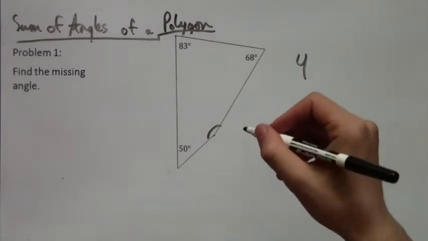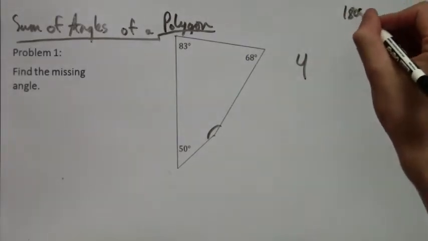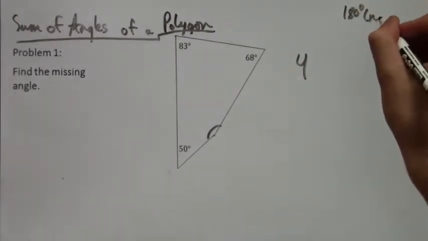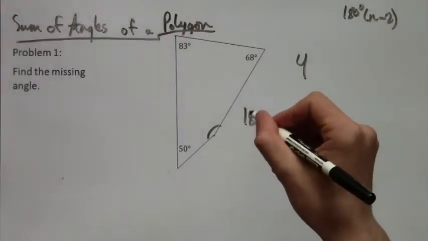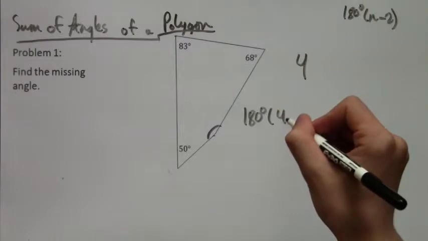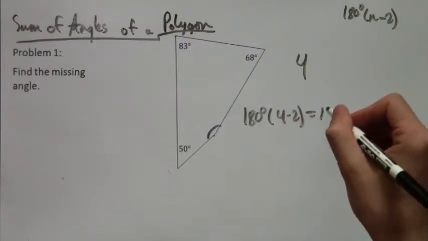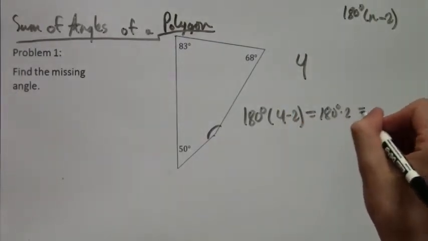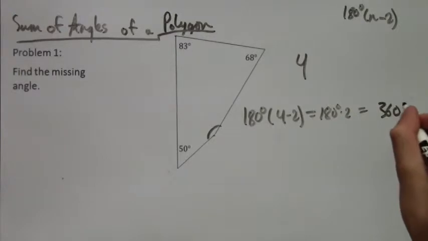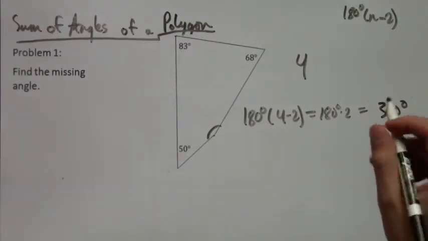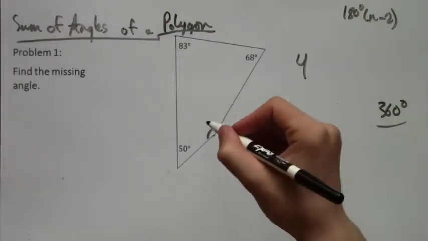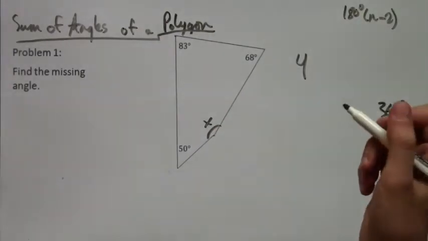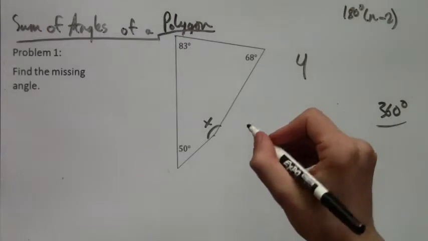The sum of the angles has got to be, and here I'm just writing the formula in the corner, 180 degrees times (n minus 2). Since n equals 4, we plug it in, and we get 180 times 2, which is 360 degrees. I'll label the missing angle x.